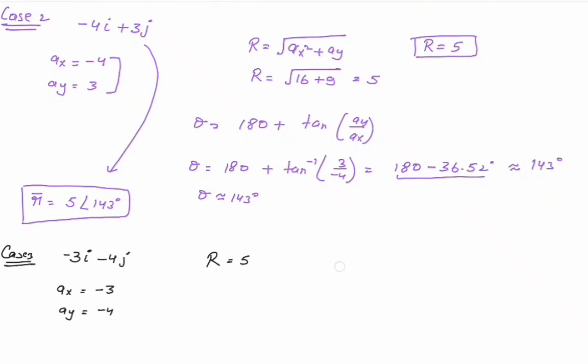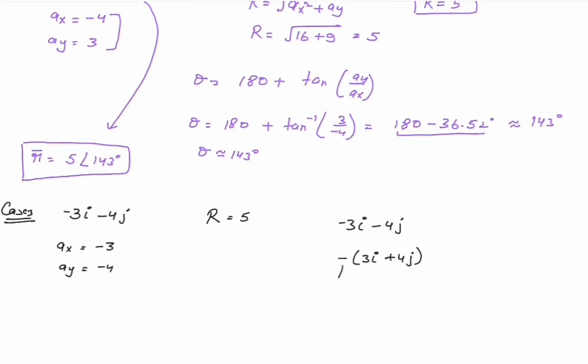Okay, before doing that, just right click this, take minus as a common: minus of 3i plus 4j. What do you mean by the minus sign in front of the vector? Reverse the direction. Reverse the direction means 180 degree, na? It means theta, can I write like this? 180 plus tan of 4 upon 3.